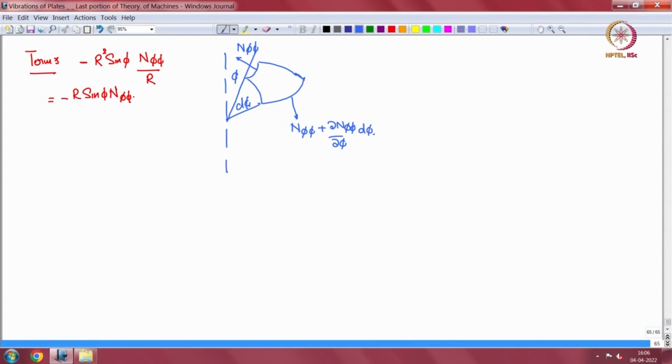Okay. So now these are force resultants. If we want to make a full force out of them, we look at this curved element. I have this curved element over here.